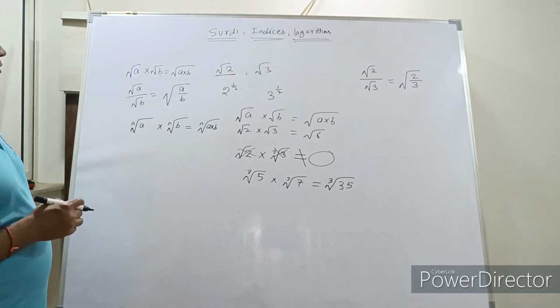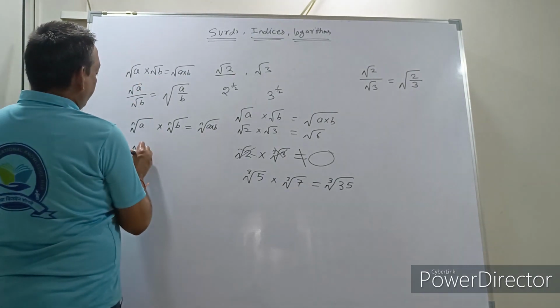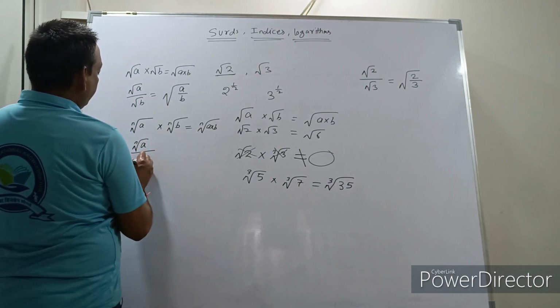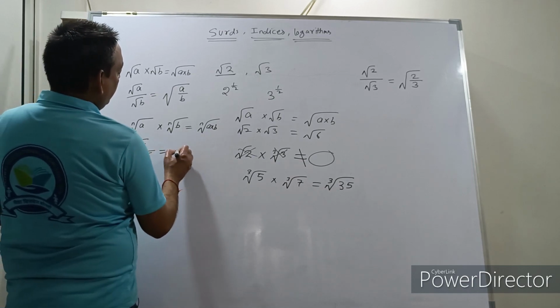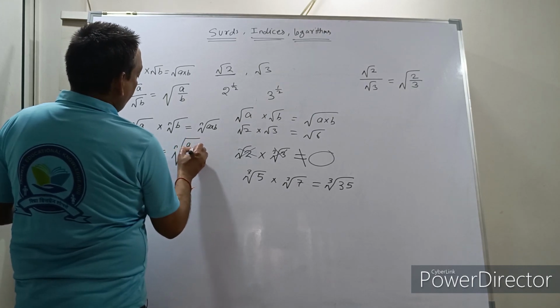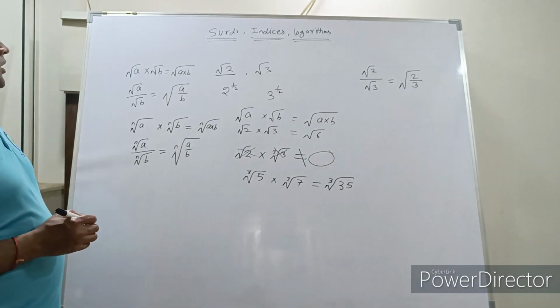Same way the division also: nth power of a divided by nth power of b, we'll get the answer nth power of a upon b.